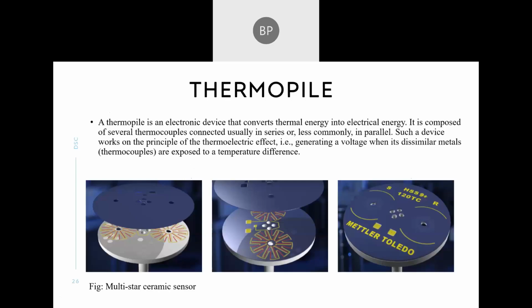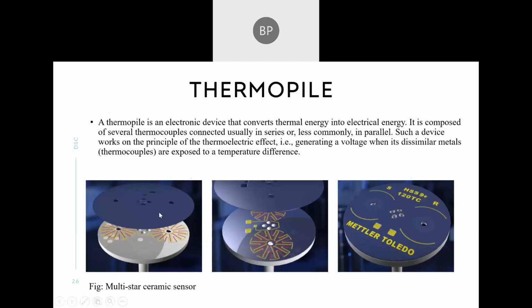What is a thermopile? It is an electronic device which converts thermal energy into electrical energy. It is composed of several thermocouples connected usually in series, or less commonly in parallel. The basic principle on which it works is the thermoelectric effect: it generates a voltage when dissimilar metals are exposed to a temperature difference.